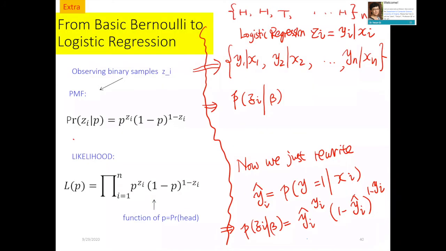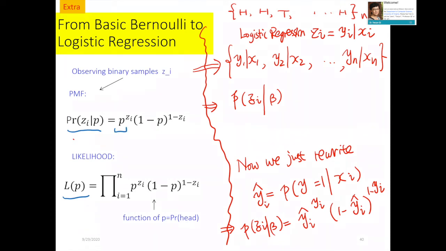Now I've told you about the basic Bernoulli, so how do we move from basic Bernoulli MLE estimation to logistic regression? I will not do the derivation, but it's almost the same. We write down P(z_i given p), and put them together as the likelihood L(p). The only difference is that p hat is not a constant anymore.